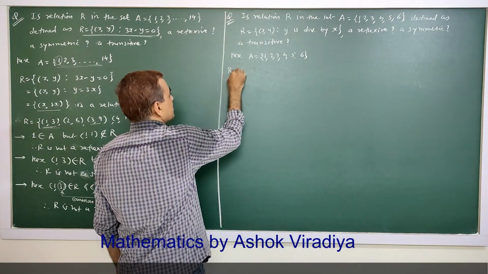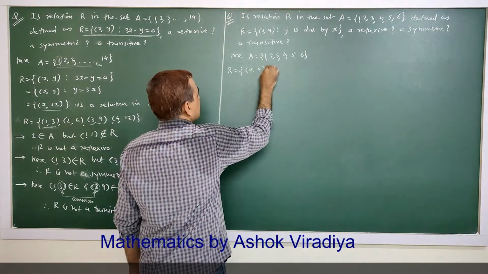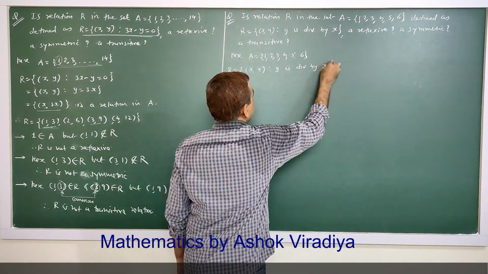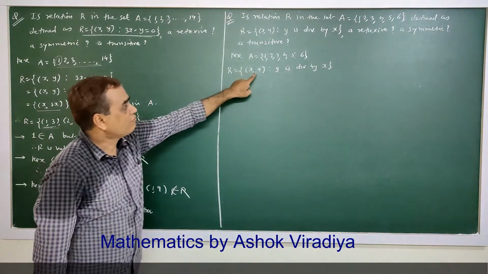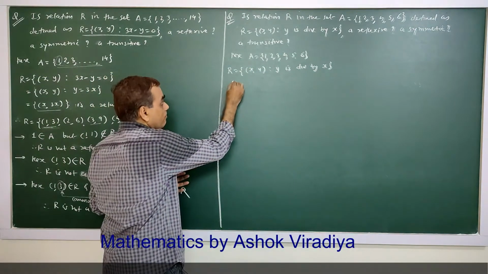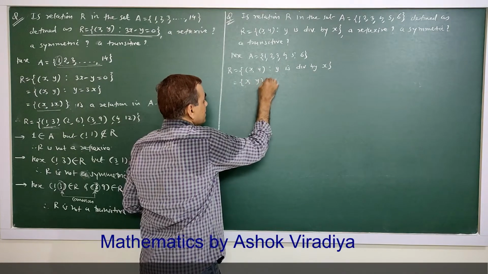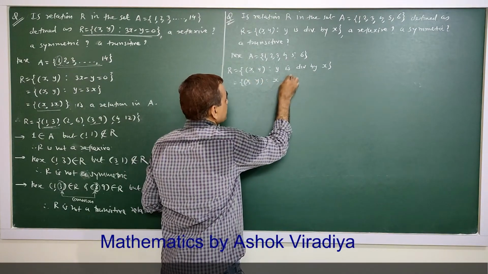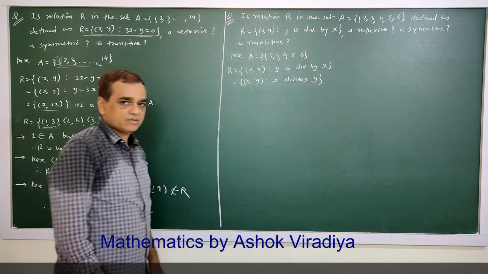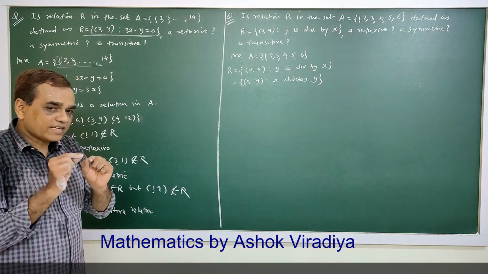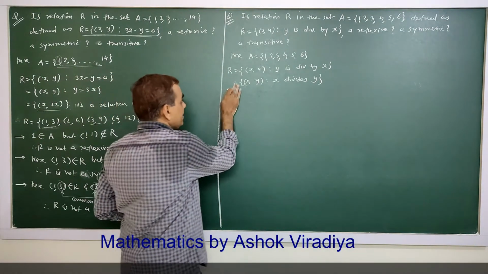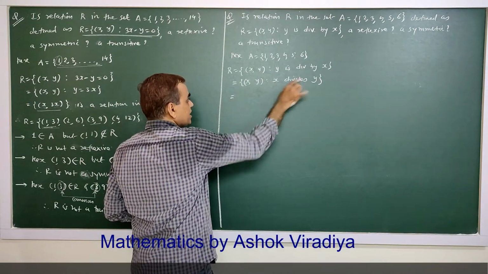R is the set of x, y such that y is divisible by x. Y is divisible by x means x divides y. Let me put it in a simpler form. This means x divides y, because we are putting a value of x first, then we keep y. So for convenience in finding elements, we are changing these words.